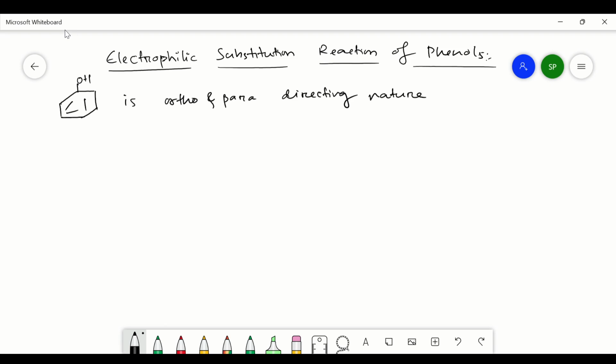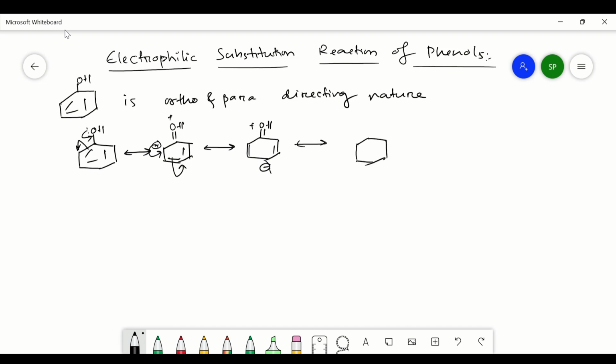If you see why it is ortho para directing, it is due to the presence of the lone pair of electrons on oxygen. This lone pair transfers here and there is formation of a double bond, and formation of OH plus. Then the electron transfer continues and the negative charge appears here.